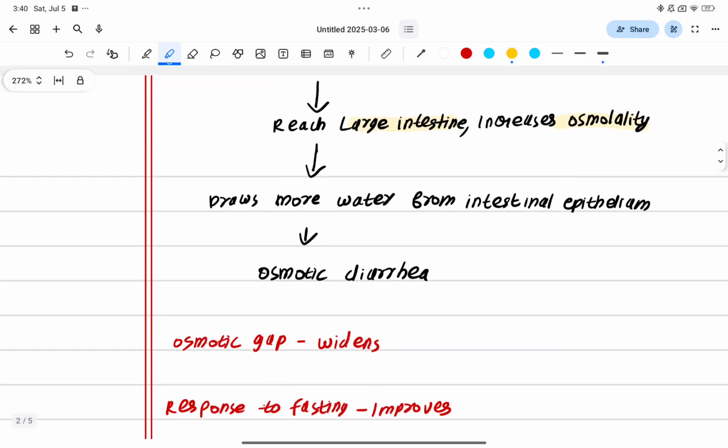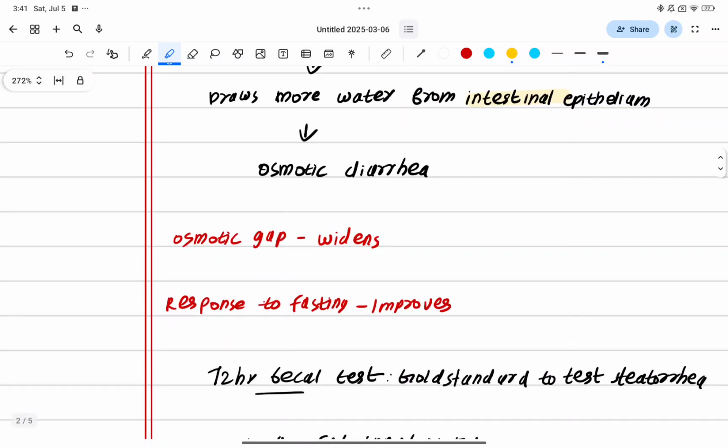When the osmolality increases, more water is drawn from the large intestinal epithelium, so along with the stool there is more water, and that is known as osmotic diarrhea. The peculiar feature is the stool looks as if oil droplets are sprinkled on water. Oil and water never dissolve together, so they are seen as separate entities.